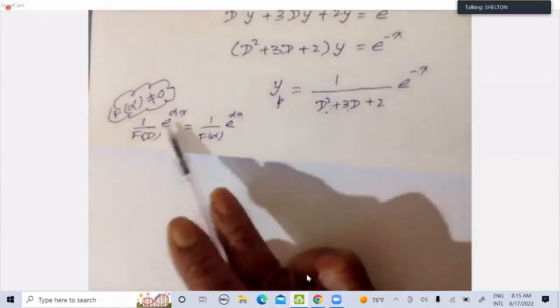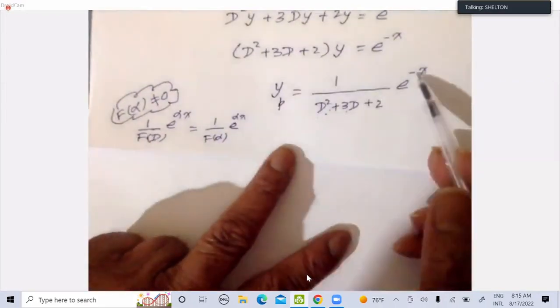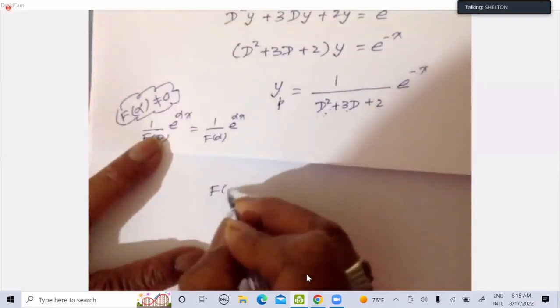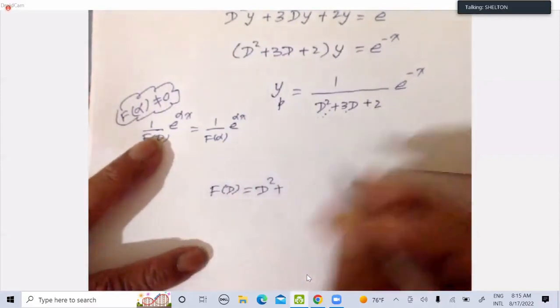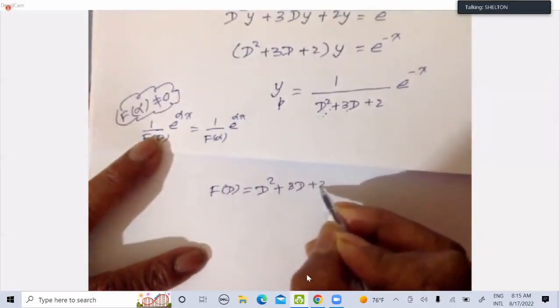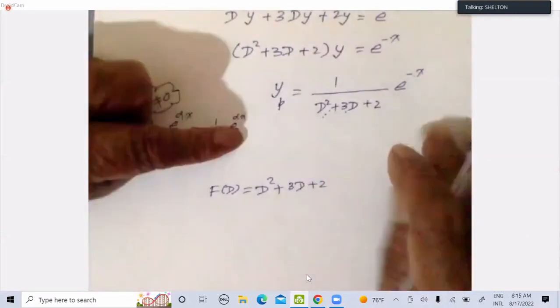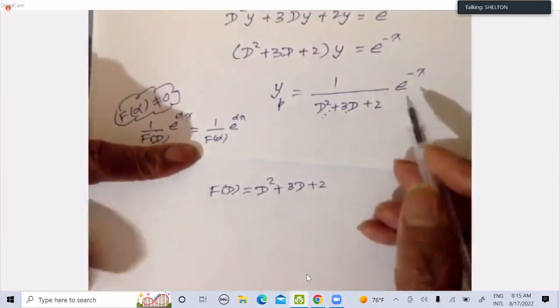Yes, this can be applied. So what is f alpha? Try to apply it for this problem. What is f of D? F of D is equal to d squared plus 3d plus 2. I have given it straight away, in fact.